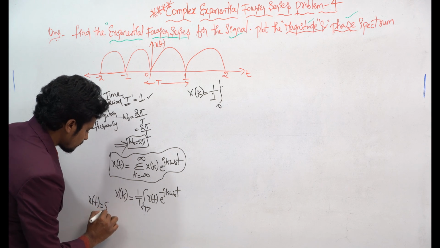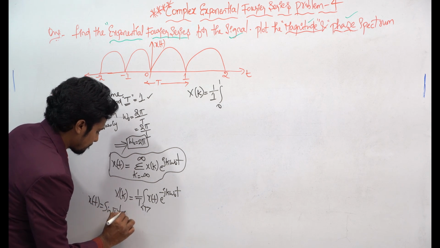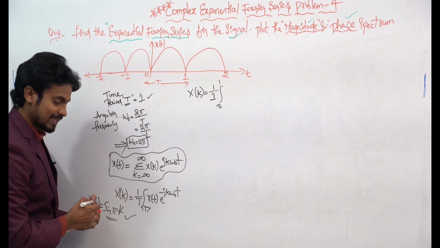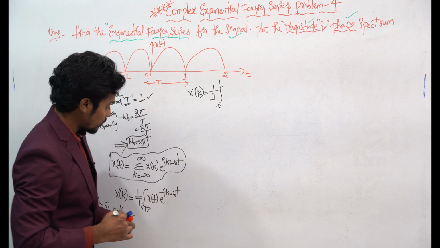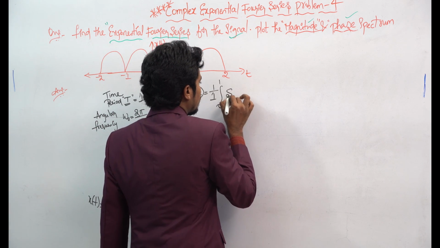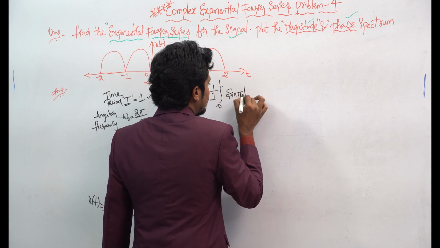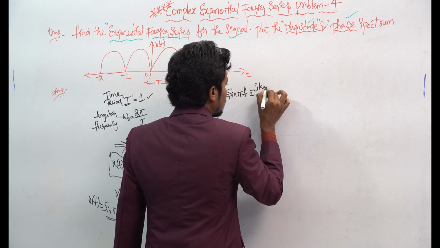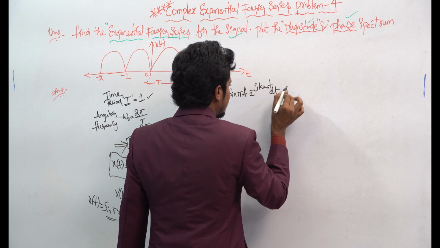In place of x of t, substitute this sin pi t. So this will become sin pi t into e power minus jk omega naught t dt.